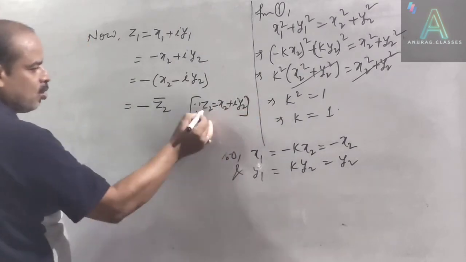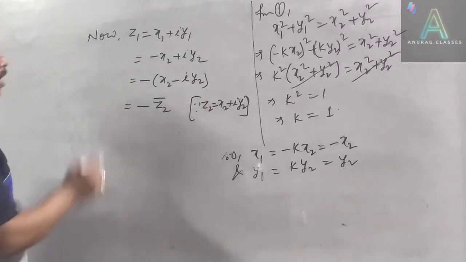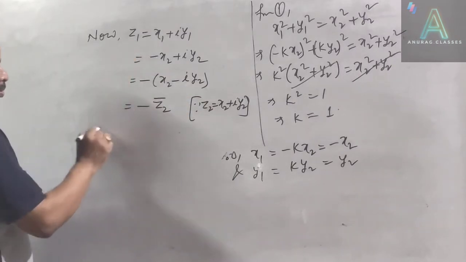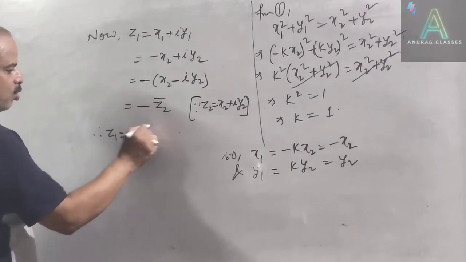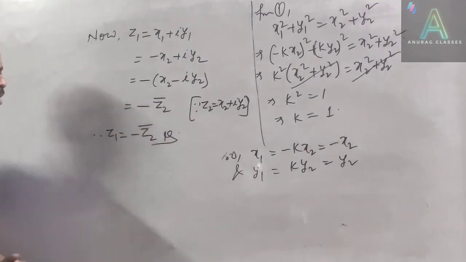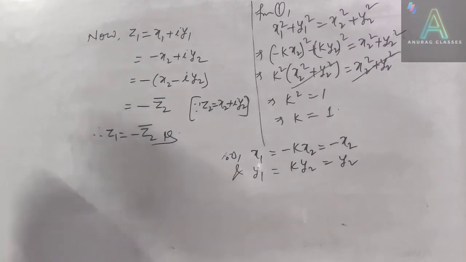So after taking the conjugate of z2, this sign becomes negative. So we have proved that z1 is equal to minus conjugate of z2. I think you have understood the concept we are using here.